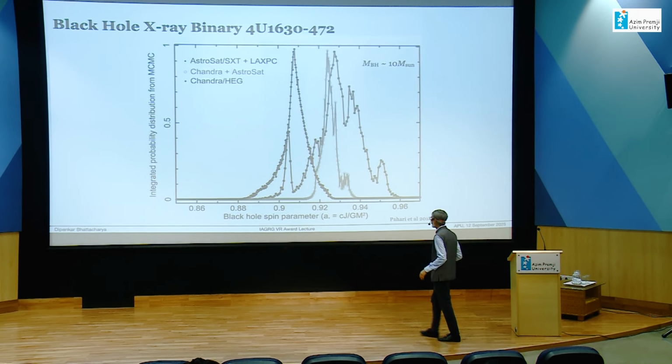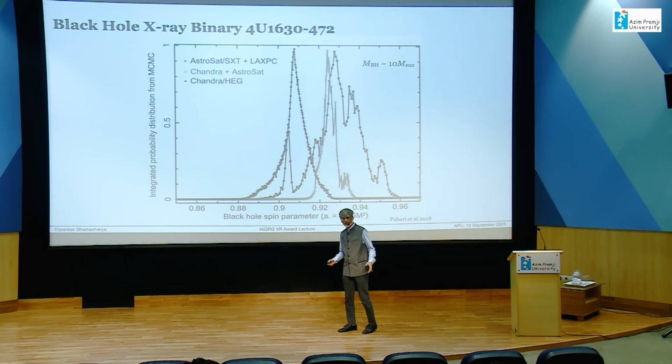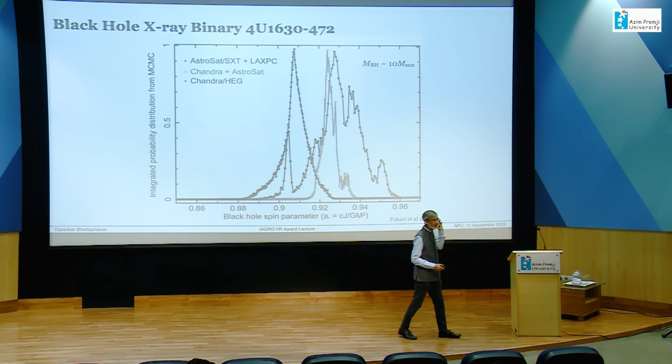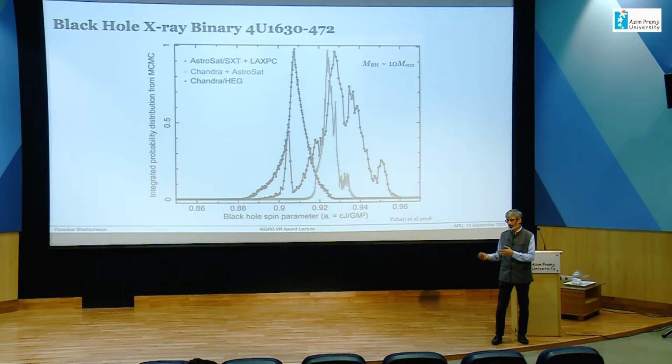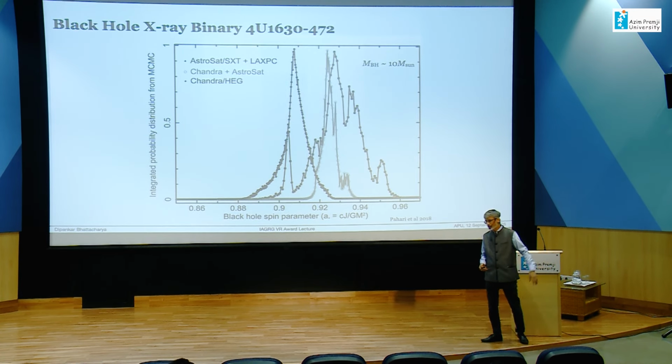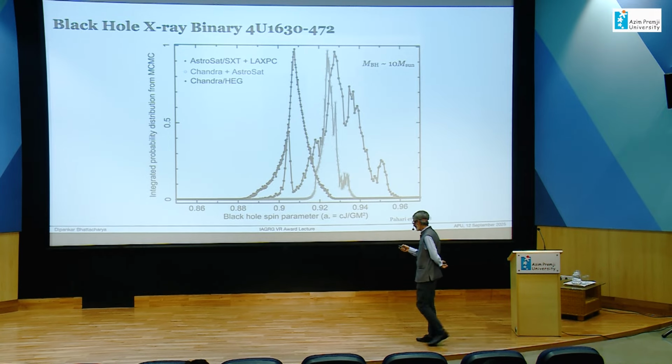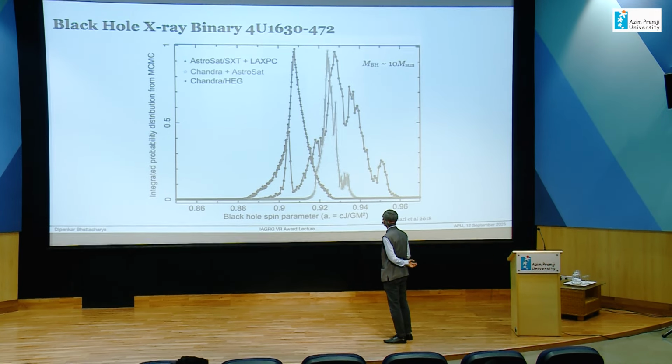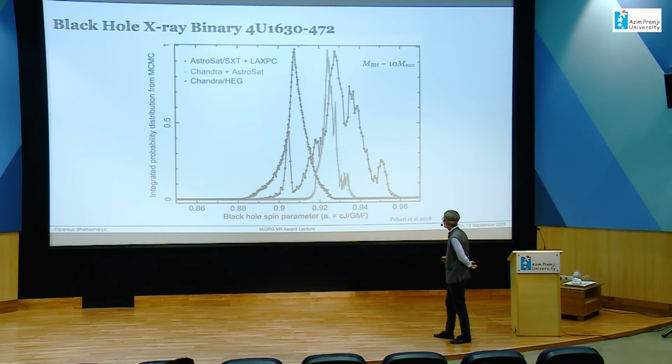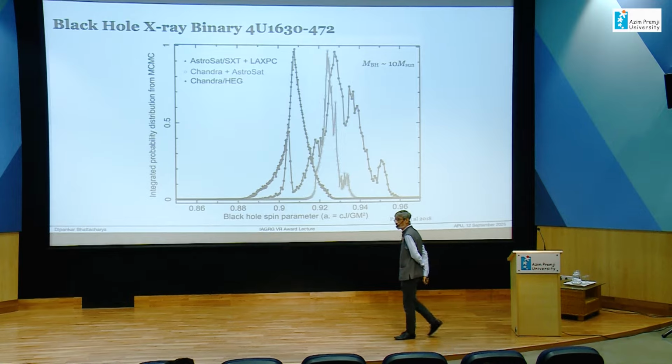Here is one such object for which some of our own group members have worked, using some AstroSat data and some data from the Chandra X-ray Observatory, and together we have a constraint. This is the combined constraint, in the middle one, on the black hole spin parameter, which in this case is very close to 1, 0.92.